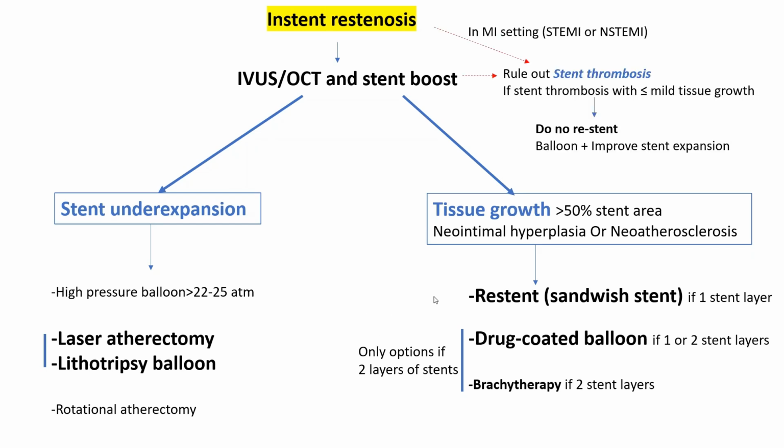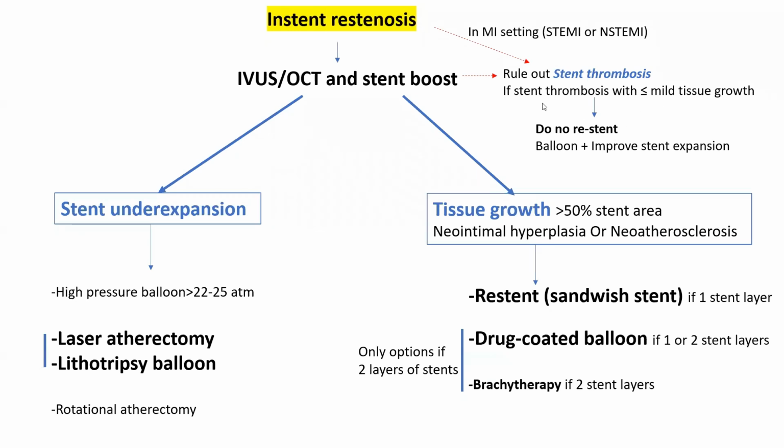Now, keep in mind, this is the most important slide of this talk, and I combine here in-stent restenosis with the necessity to rule out stent thrombosis. In any MI setting with a stent obstruction, think of stent restenosis mechanisms, stent underexpansion, tissue growth, but also think of stent thrombosis. Why? The management is a little different.